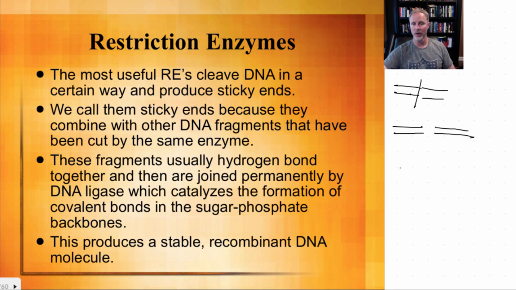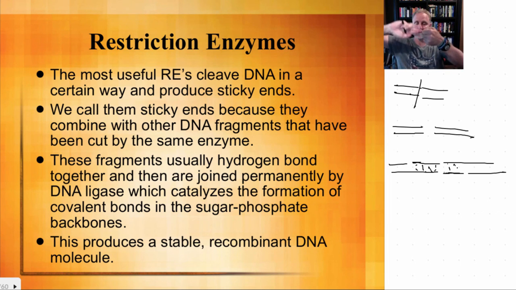Whereas when you have what's known as sticky ends, this thing will cut in a particular way where it would look like this. And now you can see there are spots here where we can insert a particular gene, because they're going to overlap, and those sticky ends will bind together this way versus the blunt ends that don't want to bind together and line up. So what these fragments will typically do, some of them at least, will hydrogen bond, and then you can select for them.